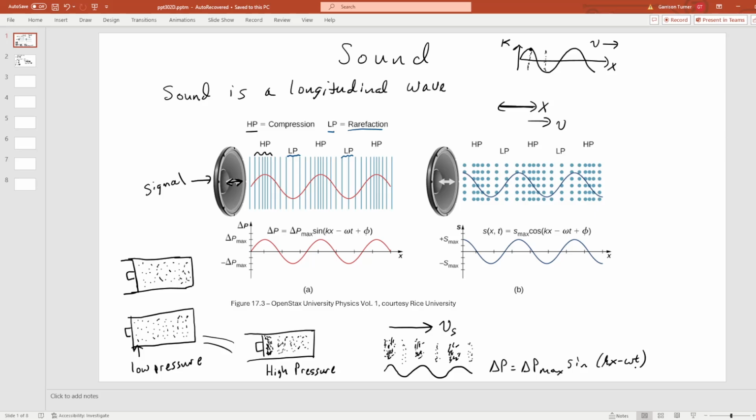The phase constant just dictates when we start our stopwatch. Then because these regions of high pressure and low pressure don't necessarily mean the molecules have actually started to be displaced that much yet, that means that your displacement curve is going to be out of phase with your pressure curve.